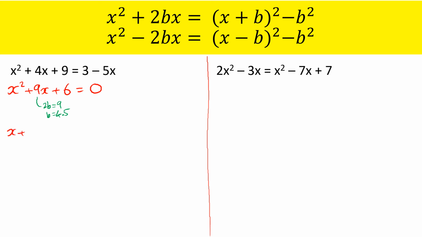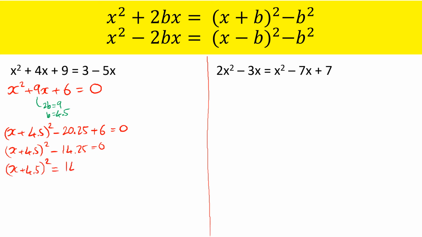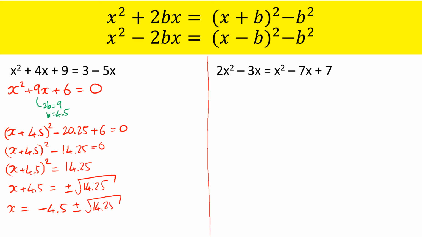So we go into completing the square, so x plus 4.5 all squared, take away, what's that squared, 20.25 I think, plus 6 is 0, so we would then tidy up, so it's minus 14.25, we'd add the 14.25 across, we would square root and make sure that we remember the plus or minus when we square root, and then we'd subtract the 4.5. Job done.